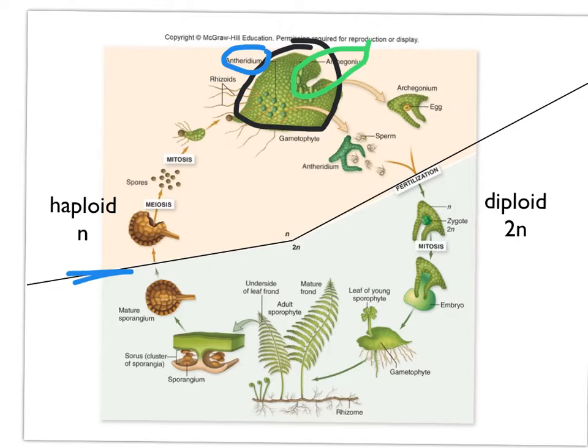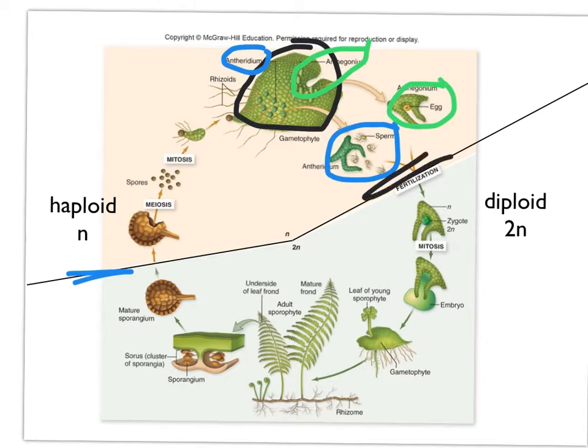And the antheridium produce sperm right here, and the archegonium produce the egg, okay? And then once those are released, the sperm have to get to the archegonium for fertilization to take place.